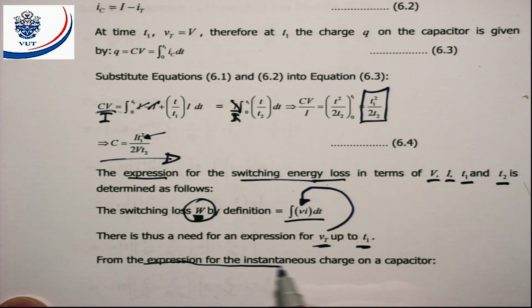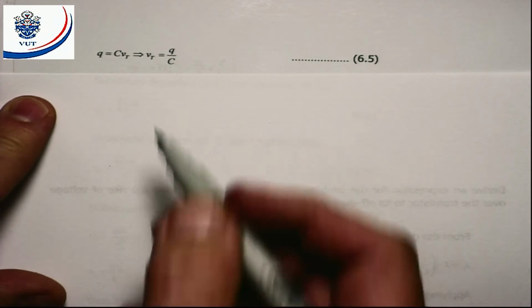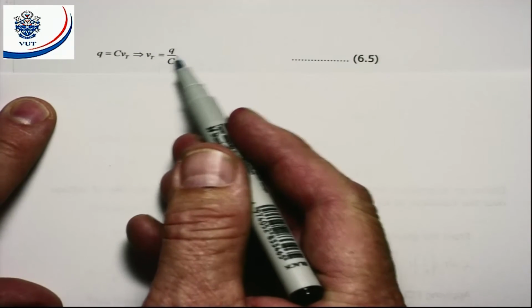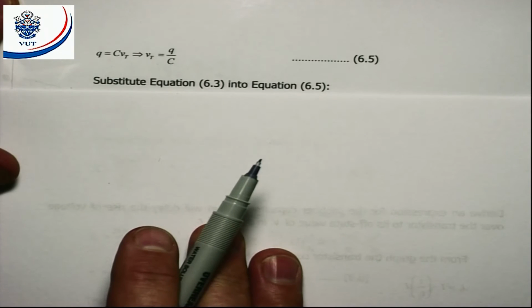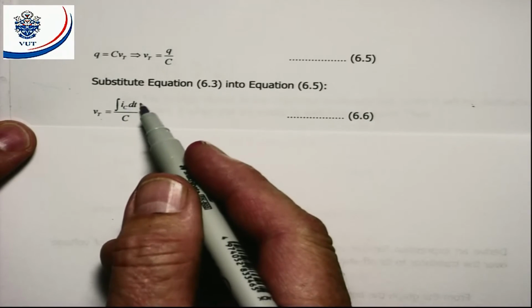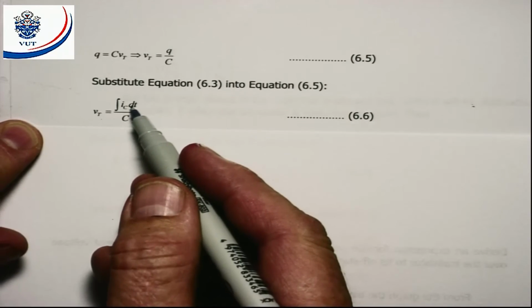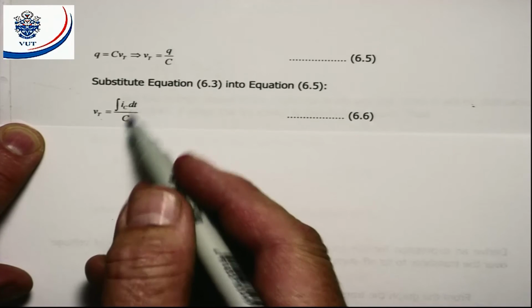We use the expression for the instantaneous charge on a capacitor, which is Q is equal to CVt, and therefore Vt is equal to the charge over the capacitor divided by the value for C. Substituting equation 6.3 into 6.5, the integral of IC dt is equal to the charge on the capacitor that we got previously, so we can say that Vt is equal to the integral of IC dt divided by C.